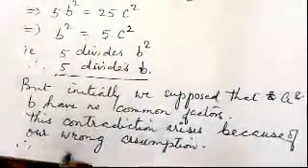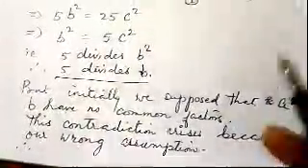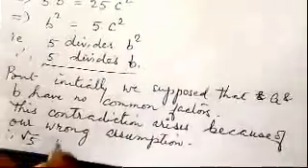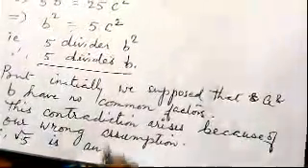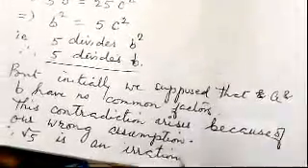Therefore, we can say that our assumption is wrong. That means we have to correct our assumption. Our assumption was that root 5 is a rational number. So let us correct this assumption. Therefore root 5 is an irrational number. That's all.